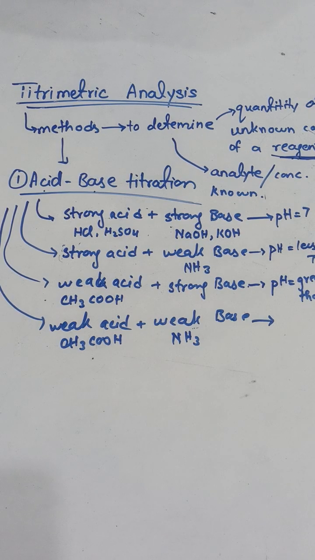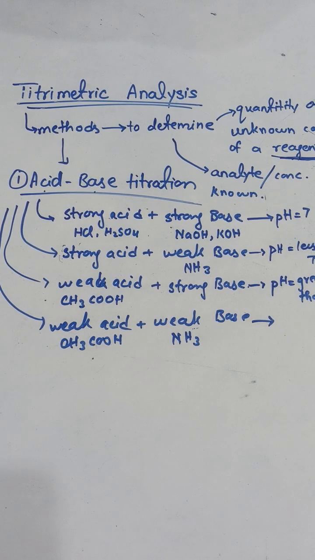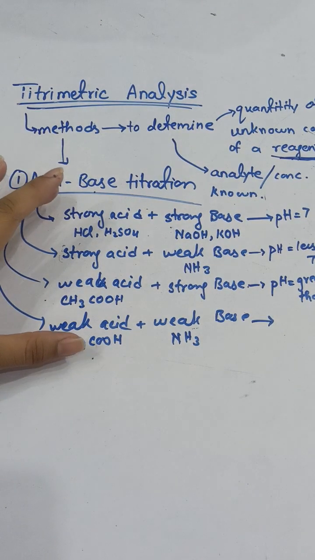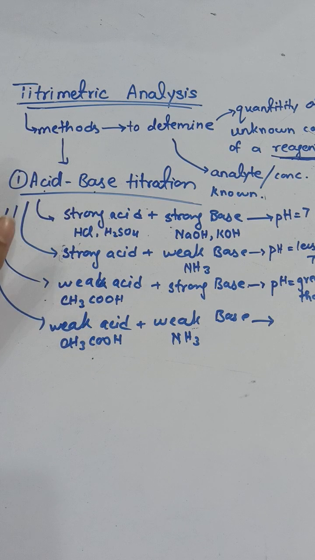Okay, so after doing all of this, we use an indicator in the case of acid base titration. Okay, so we know that we use these kinds of reagents within a titration reaction. तो ये सारे reagent है जो हम use कर सकते हैं, लेकिन reagent के साथ titration में एक और चीज़ भी होती है.